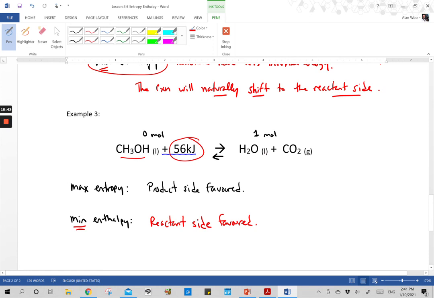So because your minimum enthalpy favors the reactant side, but your maximum entropy favors the product, overall, we cannot determine definitively which side is favored.